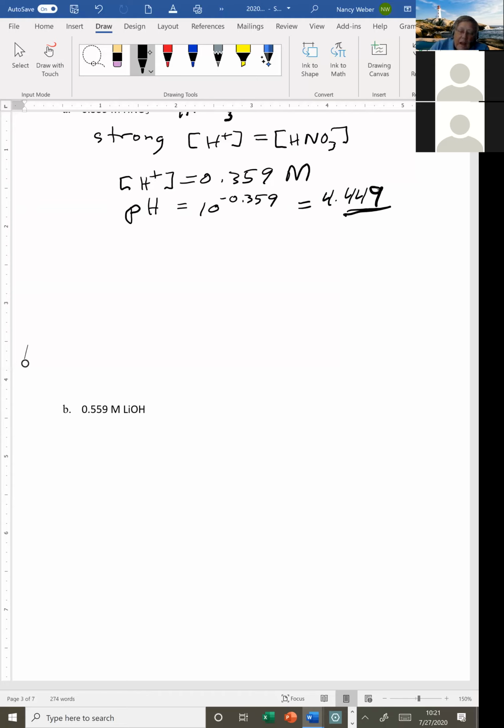Okay, POH is going to equal 14.000. Any number of decimal places is fine there because it's an exact number. And that's going to equal 13.555 if I've got my numbers right.